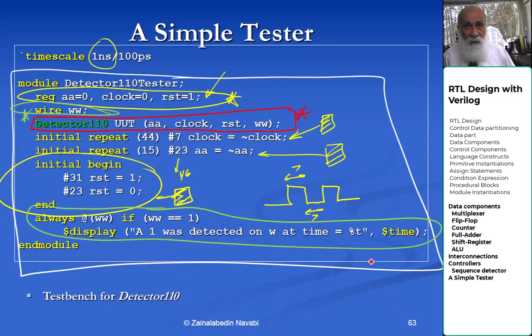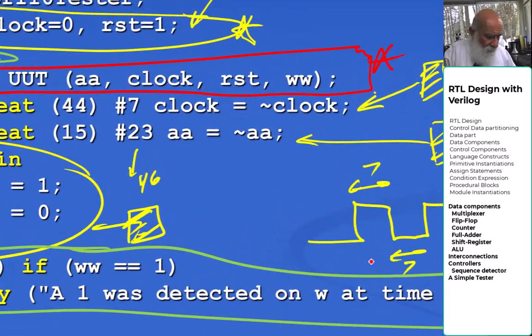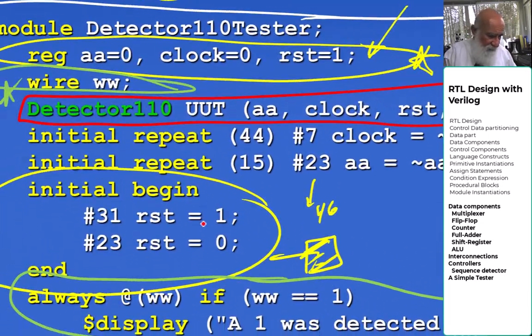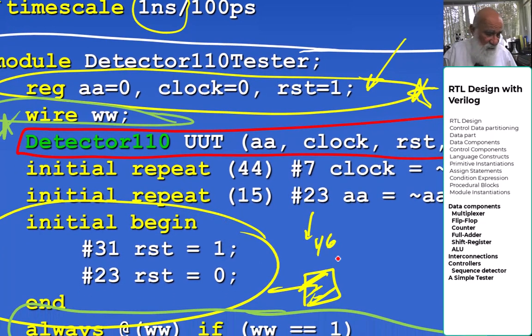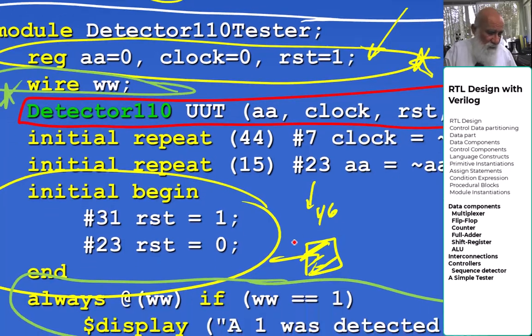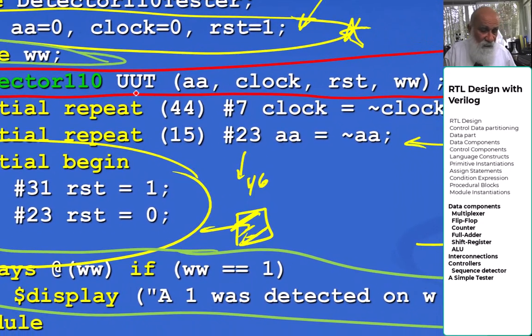So all in all, what I have done is I have developed the test bench, and the test bench has a table, the white stuff, yellow stuff for the inputs and output, or the ports or things that connect to the ports, and then the detector instantiation.